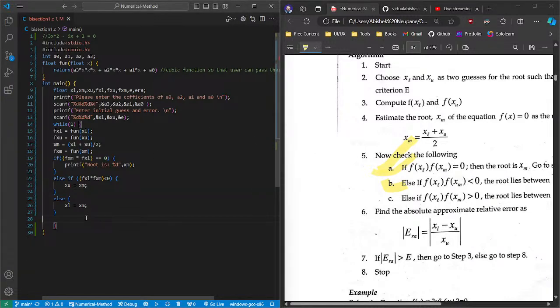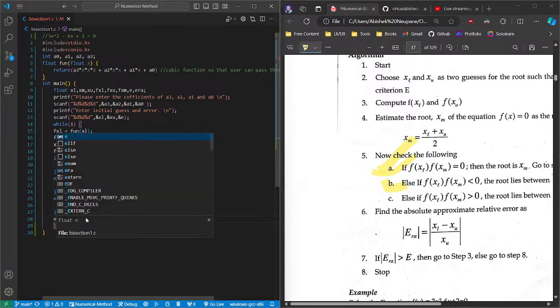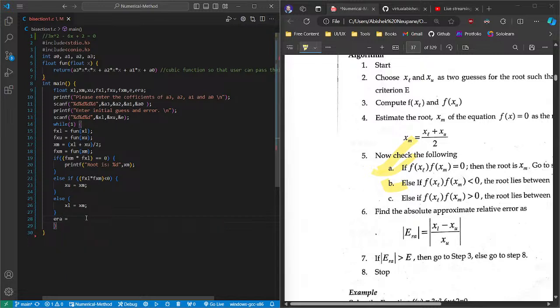Let's calculate the absolute relative error. The absolute relative error formula is xu minus xl, no, xl minus xu, upon xu. So this is absolute: if there is a negative value, this value will be positive, since we are taking the absolute.